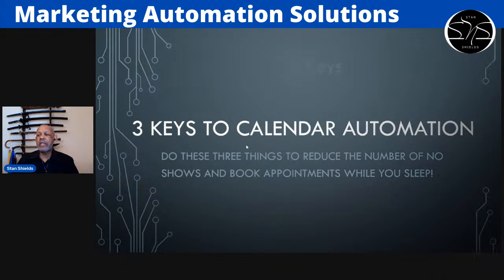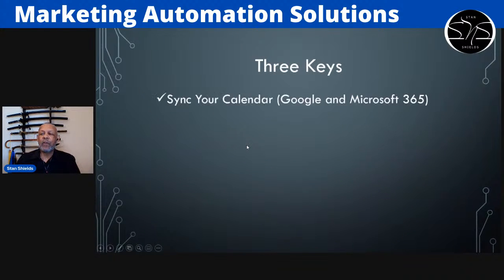So the 3 keys. Let's talk about the first key. Number 1, syncing your automated calendar, your electronic calendar, your digital calendar with the tool that you're going to be using where you keep all of your activities.